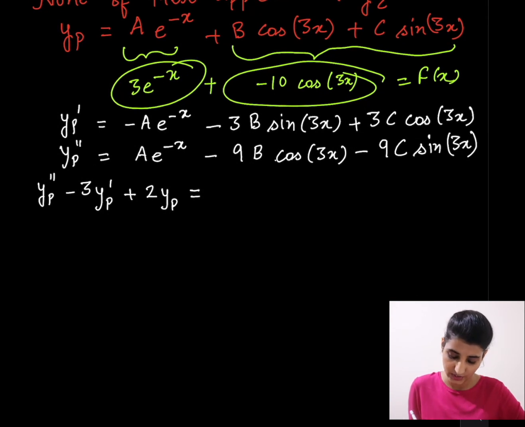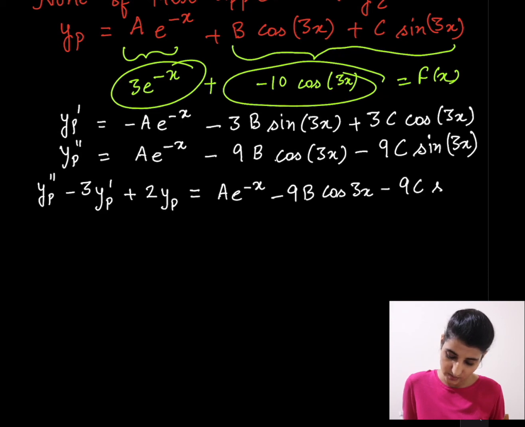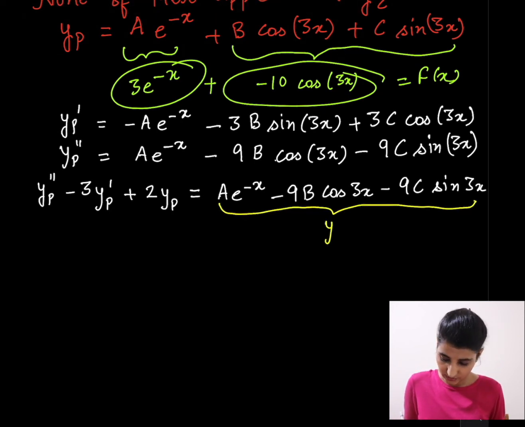We will substitute in our equation. So yp double prime is equal to a e^(-x) minus 9b cosine 3x minus 9c sine 3x. This term corresponds to your yp double prime. Then we have negative 3 times yp prime.